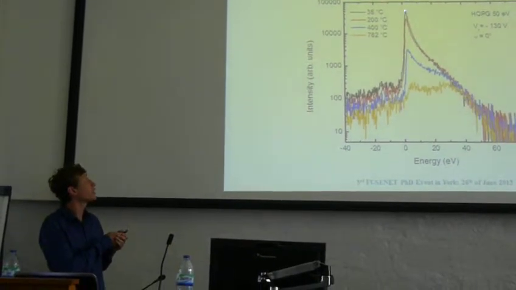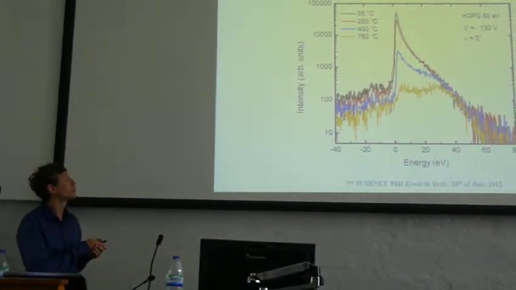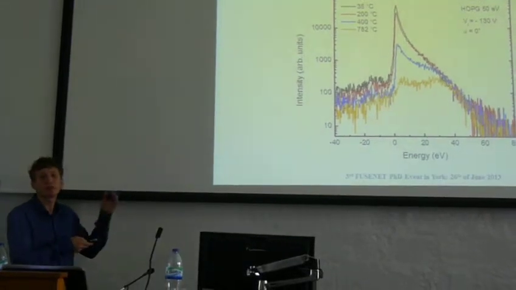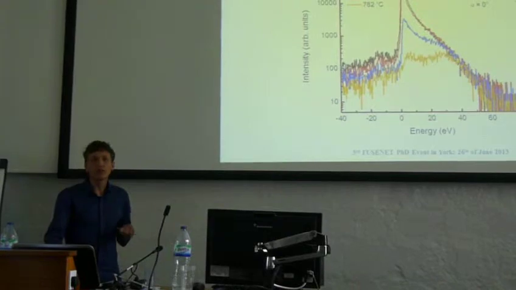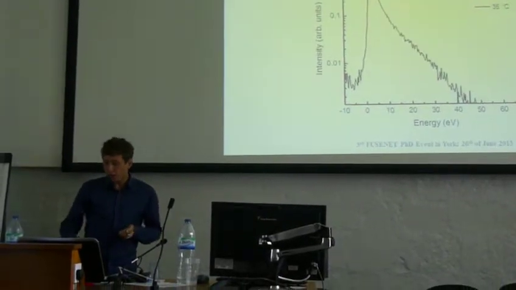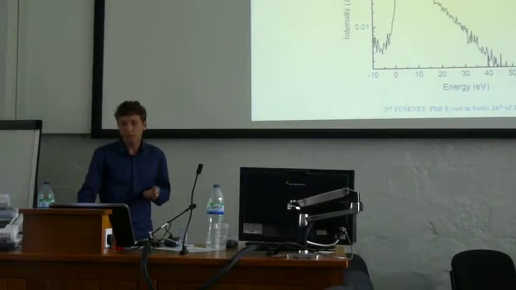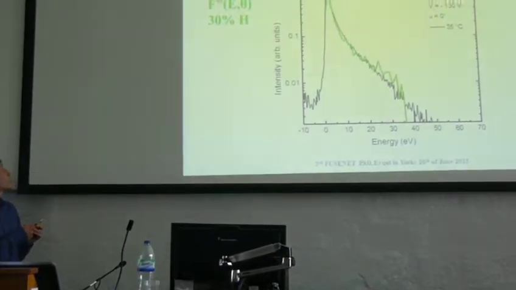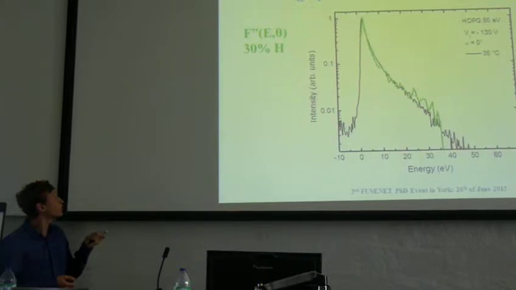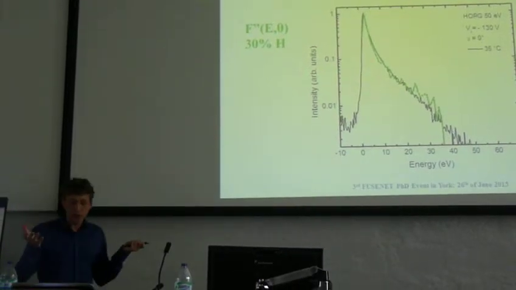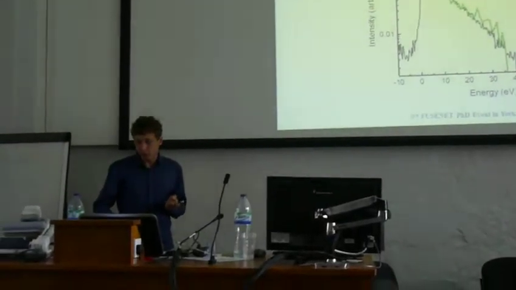So you see the negative ion yield is decreasing, and you have a tremendous change in the form. Alright, so we try to understand what is happening. For room temperature, we have seen that the 30% of hydrogen on the surface given by SRIM matches quite well the experimental results.